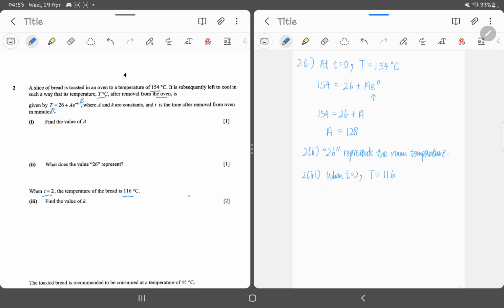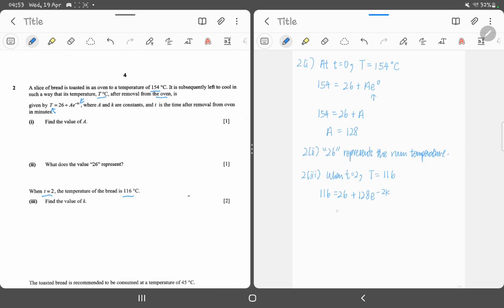So 116 equals 26 plus, we know that A is 128 based on part 1, so this is e to the power of minus 2k, because we substituted t equals 2.